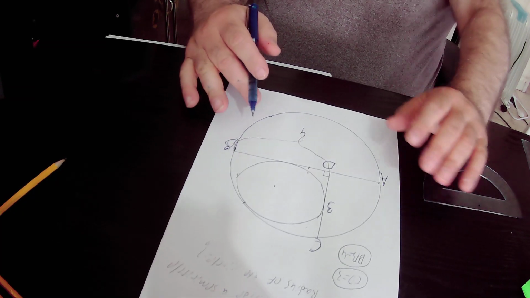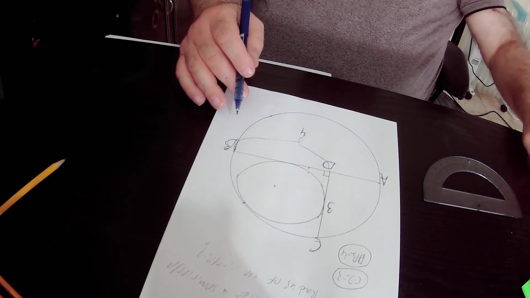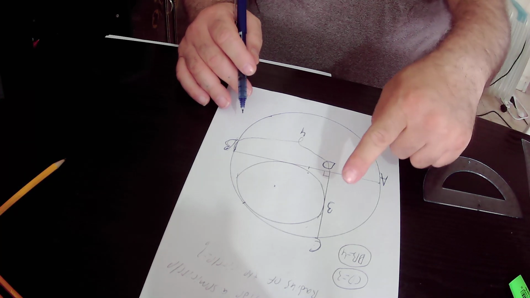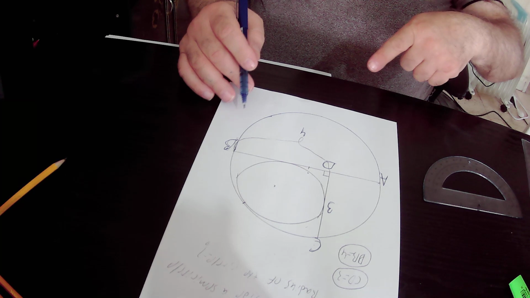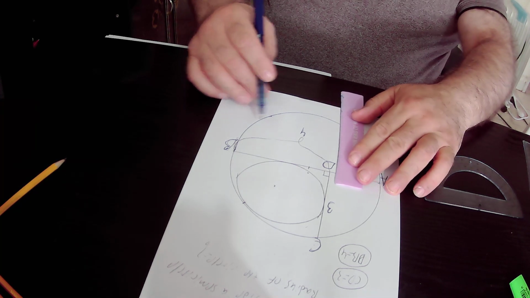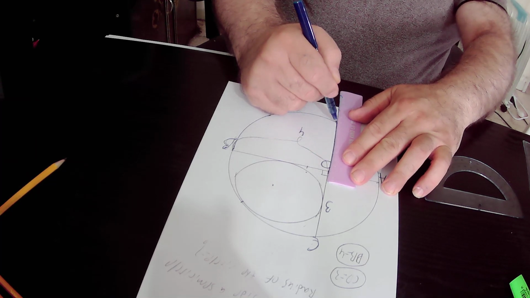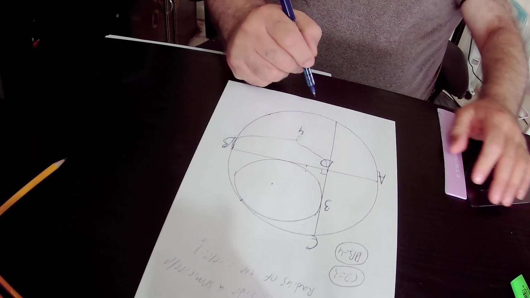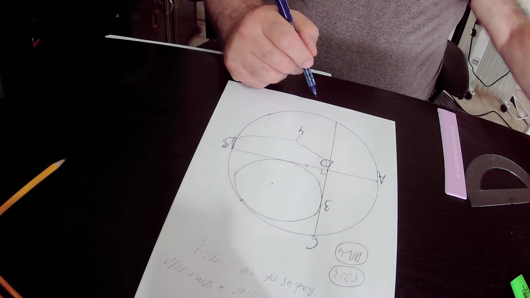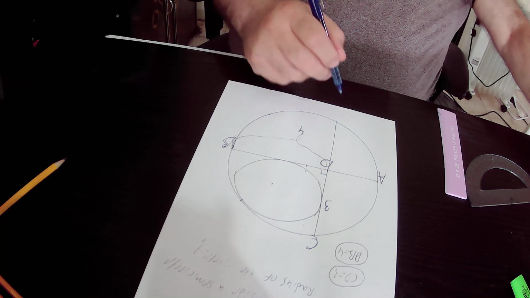So we completed the semicircle to a circle. In the next step we will extend line segment CD by a straight line until it touches the circle, and we'll define the touching point of the extended line segment CD in the circle as point E.